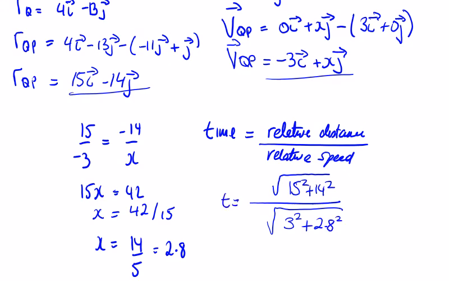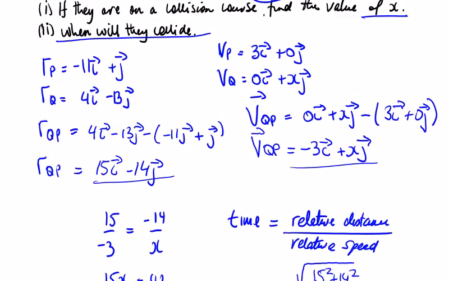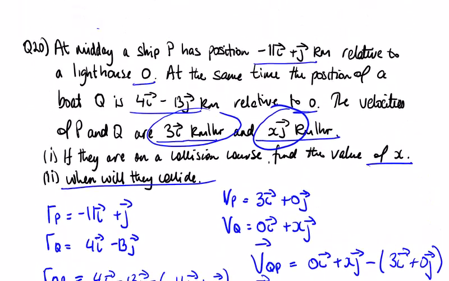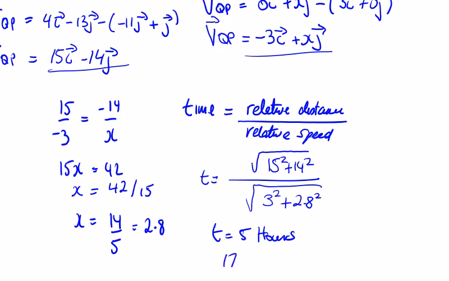So that's going to give me my time, and that works out to be exactly 5. t is equal to 5 hours. And the time of collision, I think it was midday, so 5 o'clock in the afternoon, another crash, 1700 hours for collision.